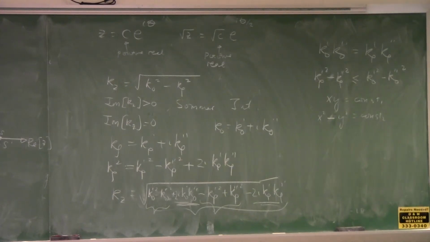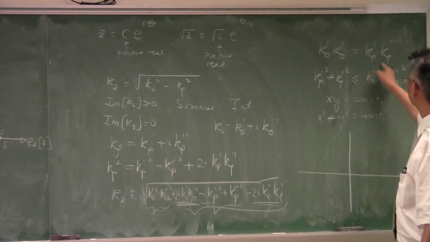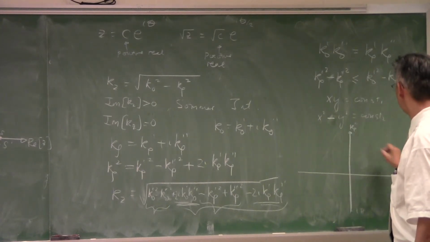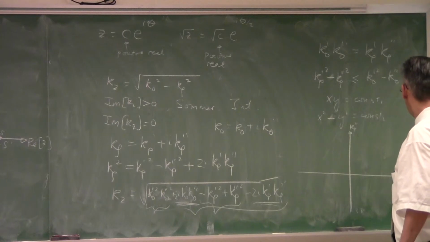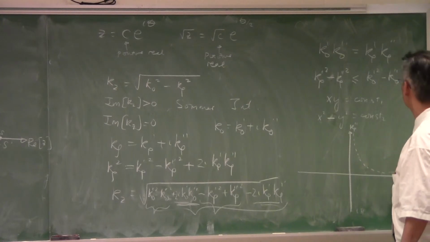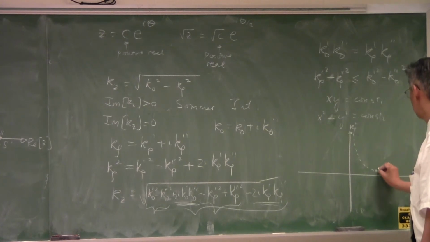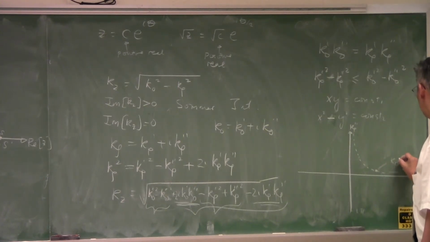What do these two equations conjure up in your mind? xy equal to a constant is a rectangular hyperbola, right? The second one is also a hyperbola. So if you plot these two equations on the complex plane, just on this quadrant, with k rho double prime and k rho prime as axes, the first equation is just a curve something like this, and it passes through the point k0.